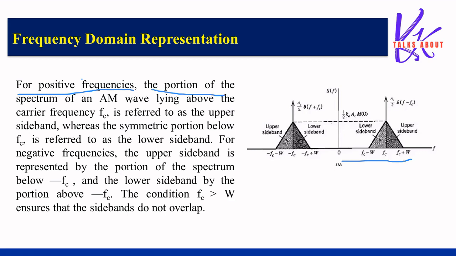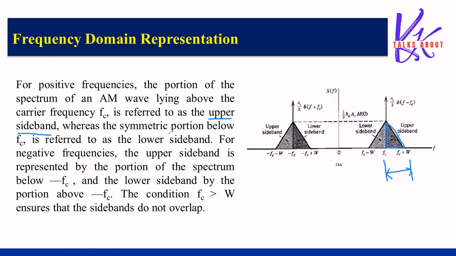The portion of the spectrum of the AM wave lying above the carrier frequency, that means from here to this one, I'll draw it from Fc to Fc plus W. That is for positive frequencies above your Fc, so it is referred to as your upper sideband. This part, whatever you see here, we refer to as your upper sideband.